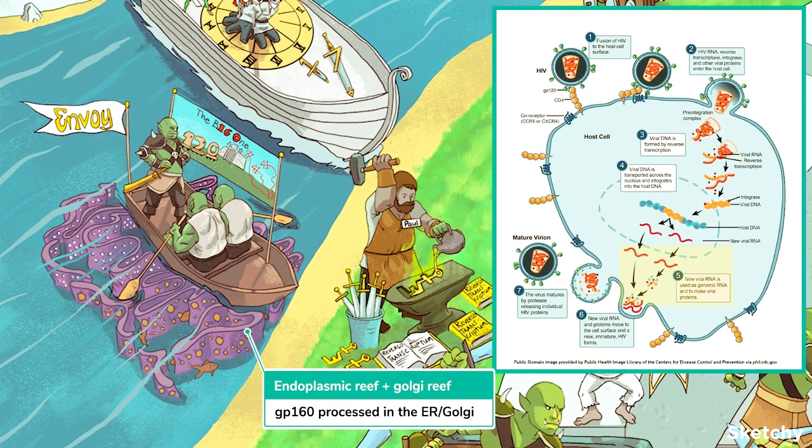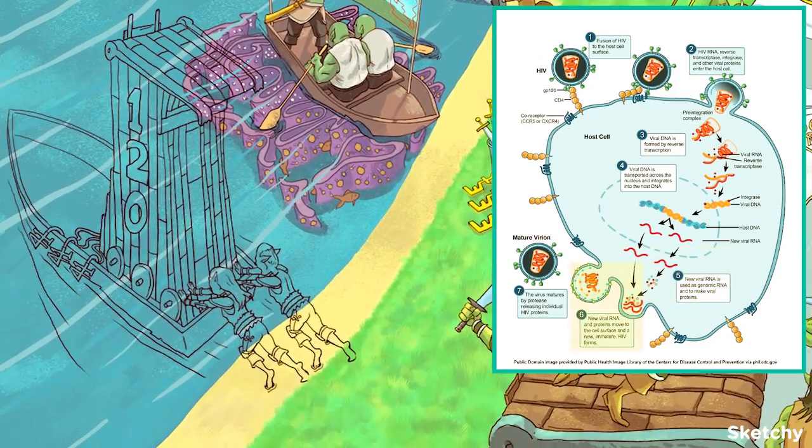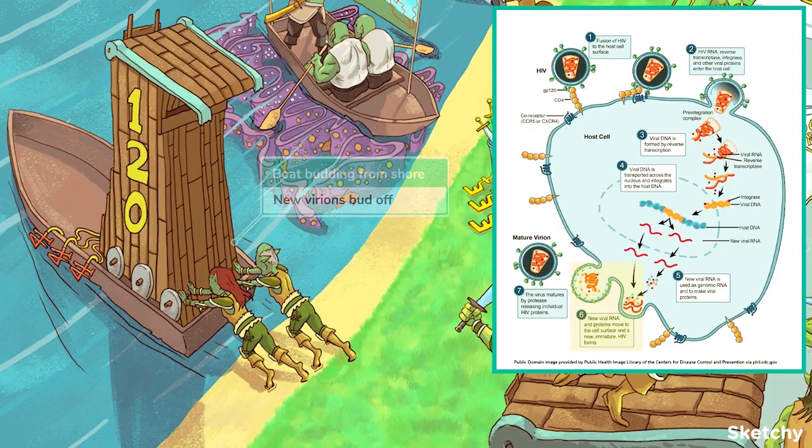Remember, HIV is taking over the host cell machinery, so it doesn't need to reinvent the process. Notice how the reef around the ENV boat kind of looks like the ER and Golgi, the processing center for virus surface proteins. You should know that while the ENV polyprotein GP160 is processed by the host cell, the GAG and POL polyproteins will be cleaved by HIV's own protease.